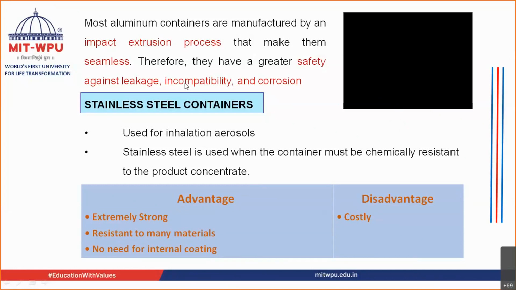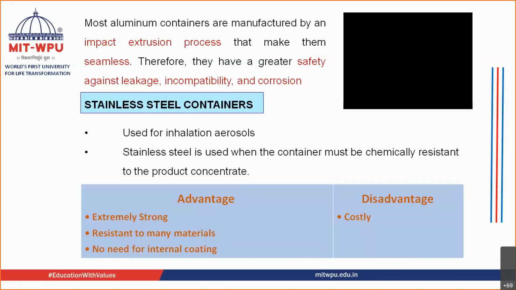You cannot manufacture your tin plated steel container in this way. The reason is that with tin plated steel, you have to first coat the steel sheet with the thin coating, and then you have to mold it into the container.